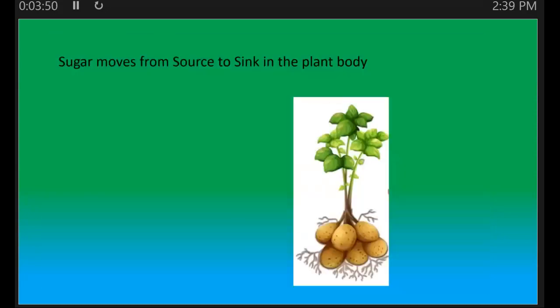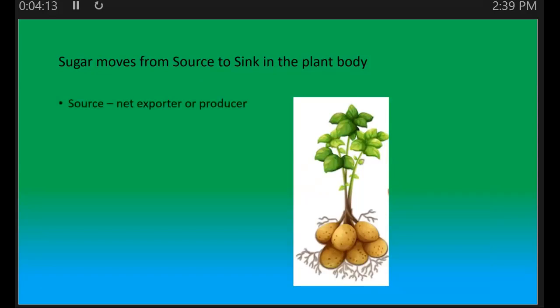in the phloem. And so when we look at how it moves, it's not unidirectional. It can pretty much go in any direction, but there is a law or a method that it has to follow, and this is the idea of source to sink. So we say that sugar moves from source to sink throughout the plant body.